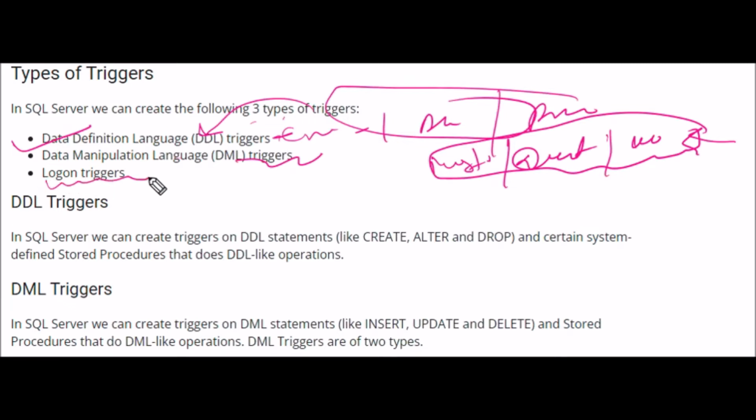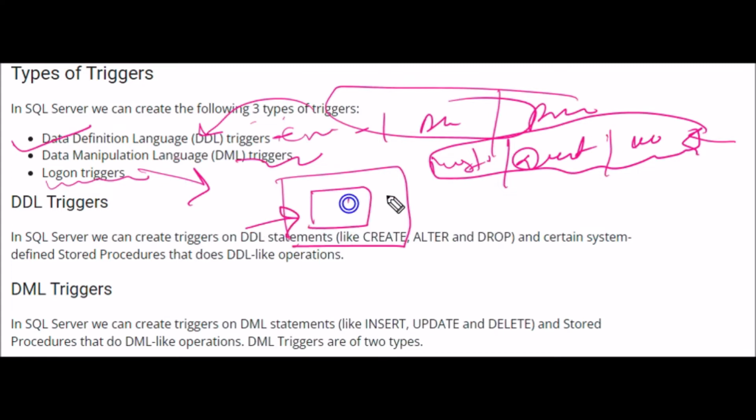The third type is logon triggers. Logon triggers fire whenever we try to log in to SQL Server using a username and password.